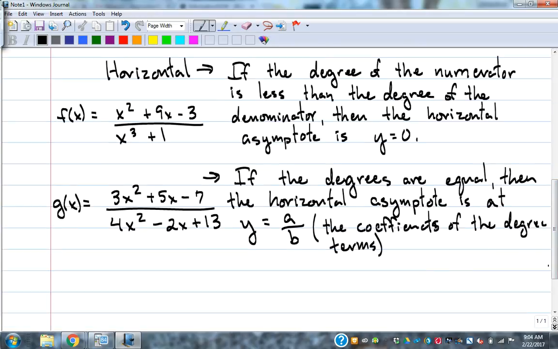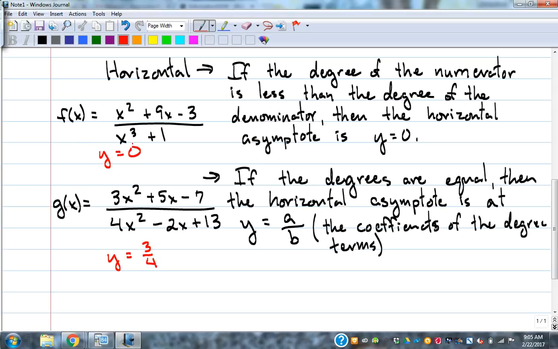If the degrees are equal, then the horizontal asymptote is at the ratio of the leading coefficients, the coefficients of the degree terms. The degree of the top is 2, the degree of the bottom is 2. So that means there's a horizontal asymptote at the ratio of these coefficients, 3 over 4. So for this one, it would be at y equals 3/4.